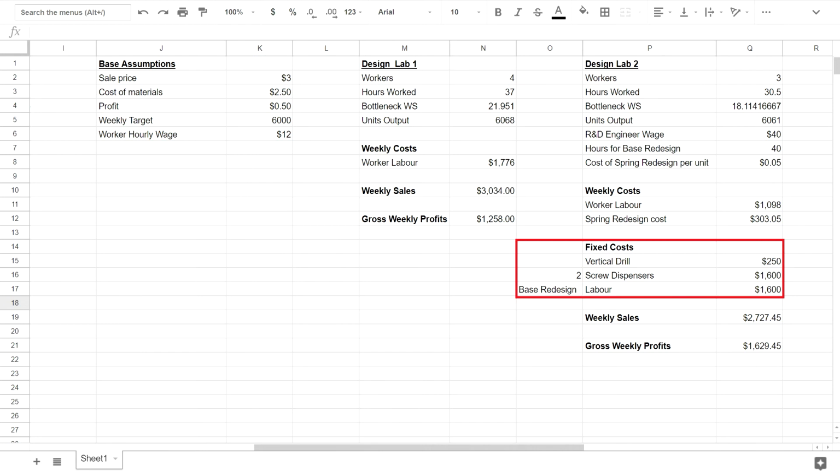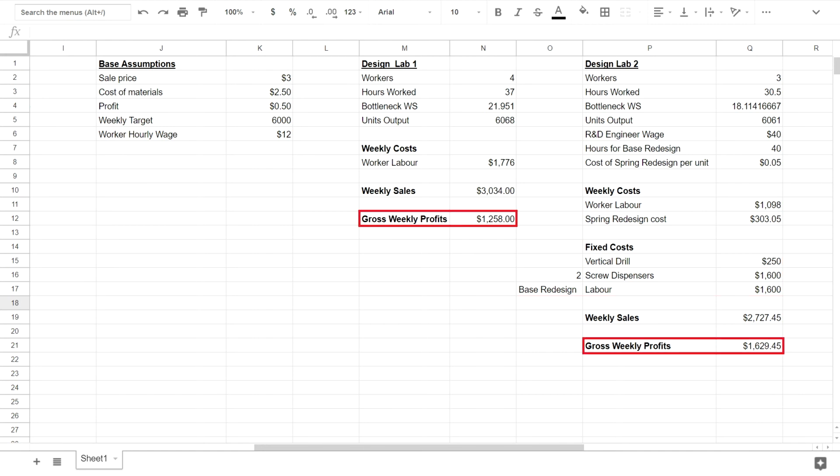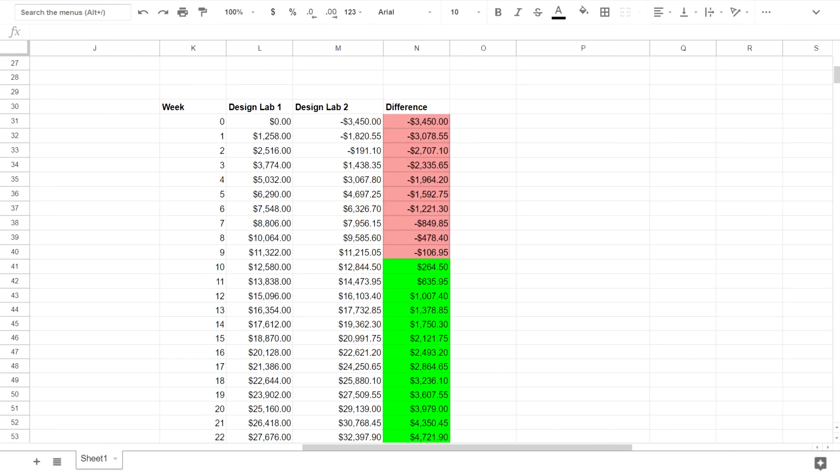To increase the performance of the workers handling screws, a vertical drill was installed, which would incur costs of around $250 for the ergonomic reasons mentioned previously, as well as 2 screw dispensers, which would incur costs of around $1,600 in total. Comparing the 2 projected weekly profits of both setups, and including the one-time fixed cost for the workstation upgrades, the difference between the 2 setups evens out at around 10 weeks in, where Design Lab 2 begins to pull ahead.